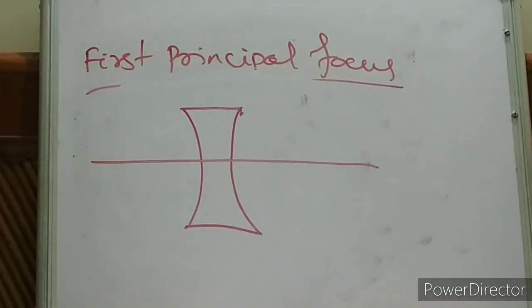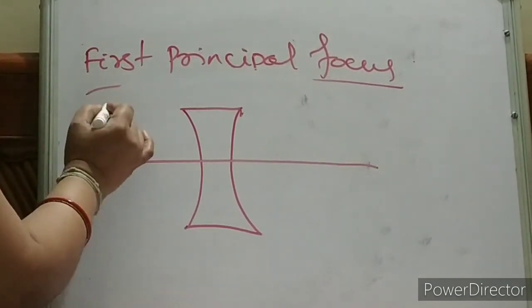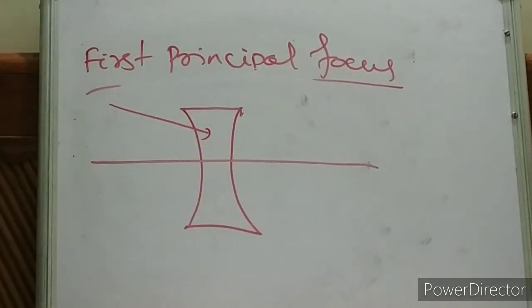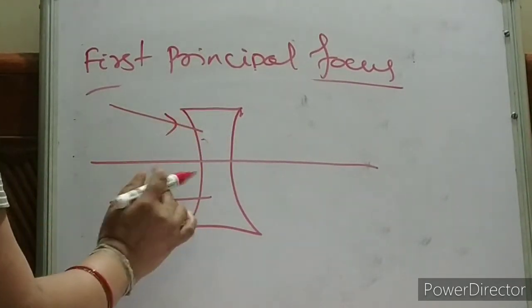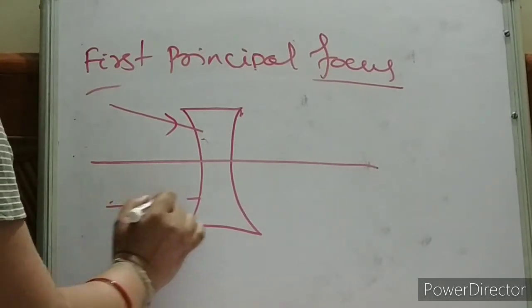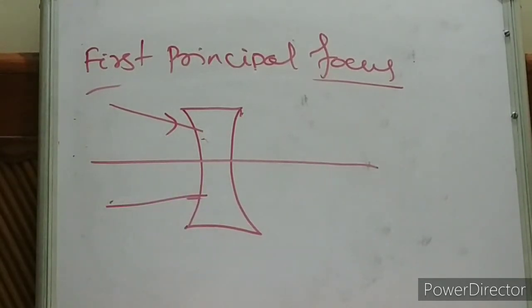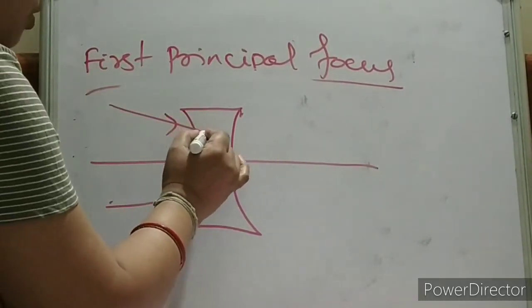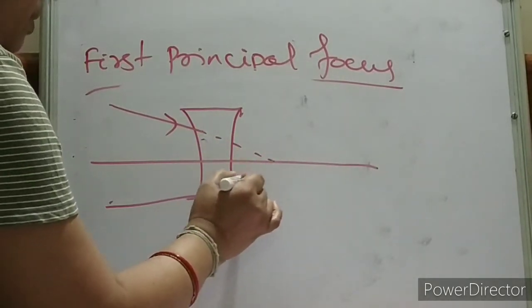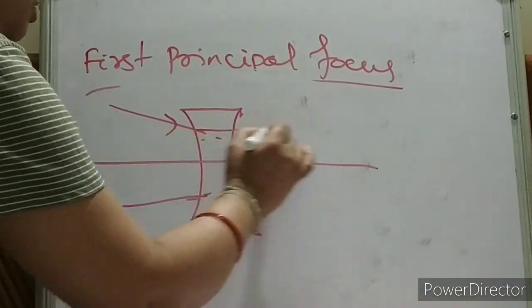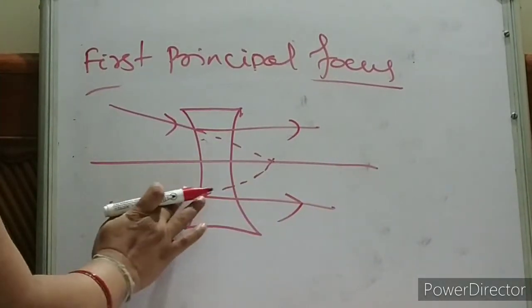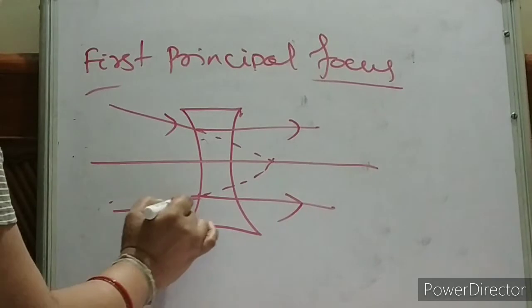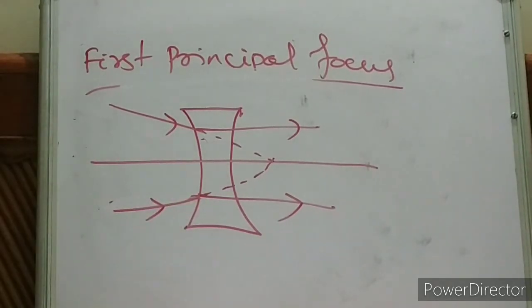Okay, children? Okay. Now the rays will go like this. Now the ray will go like this. It will strike like this. Let me draw it produced back. So after refraction, it will, clear, children.